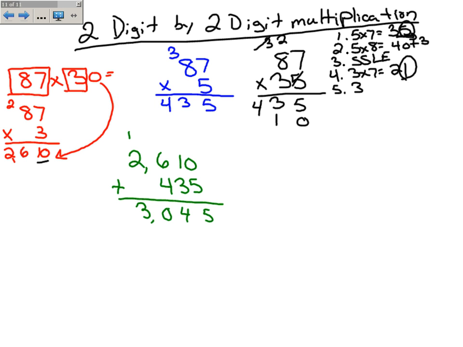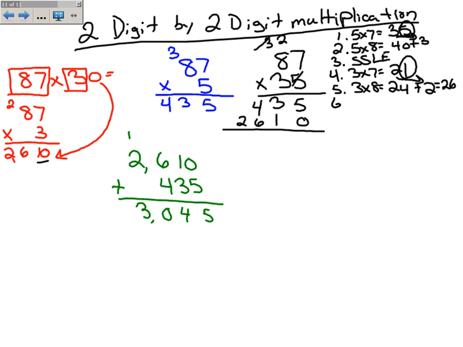Next we multiply 3 times 8, and that equals 24, plus that 2 that we put at the top equals 26. I'm going to write that down. So when we multiplied 87 times 30, I got 2,610. Same thing here, 2,610. So you can see where those numbers are coming from.